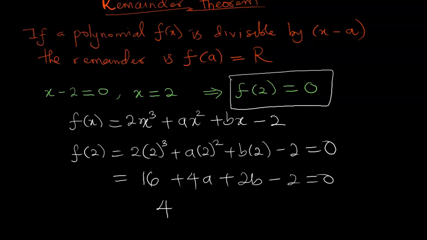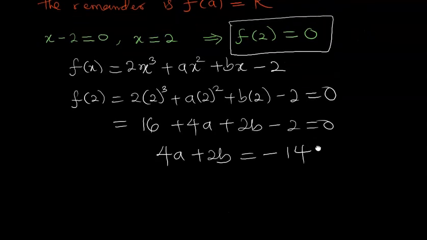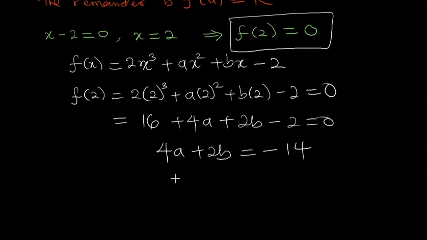So this will give us 4a plus 2b equal to minus 14, which can be reduced to 2a plus b equal to minus 7. Let's call this equation 1.